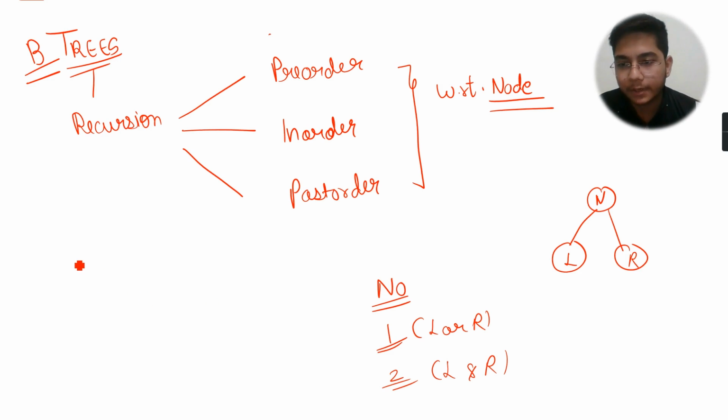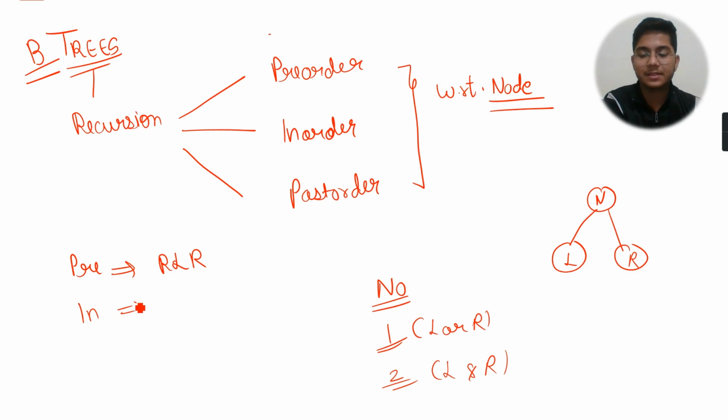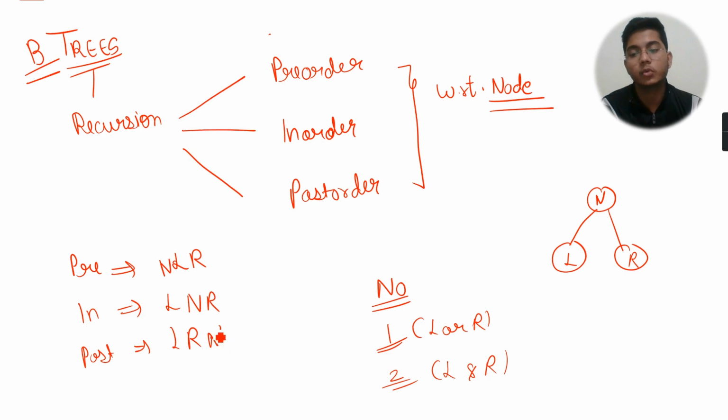Preorder simply means first I will check the root, then left, then right. Inorder means first I will check left, then root, then right. And postorder means first I will check left, then right, then the node.